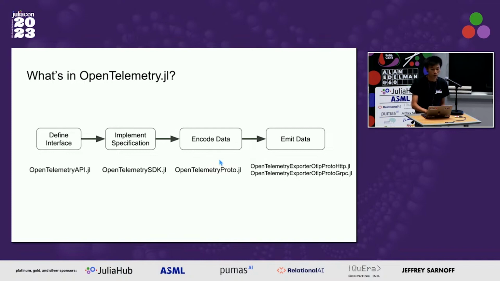Note that the Proto.jl is automatically generated based on the proto files from the official OpenTelemetry specification. And the last step is to emit the data. For now, the latest version only supports emitting data through HTTP, and the gRPC part is currently unavailable.